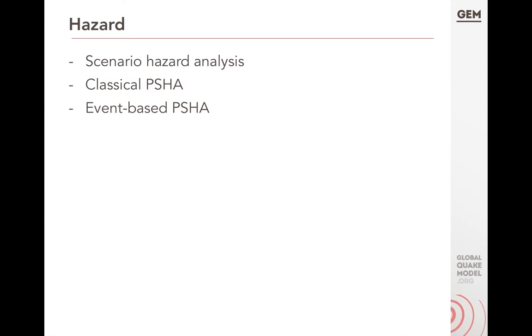And then the third type of calculation that you can do is an event-based probabilistic seismic hazard analysis. So if given your seismic hazard model, you can simulate a catalog of earthquake events spanning a time period of maybe 10,000 years or 100,000 years. So this is now you're doing a Monte Carlo type of analysis.